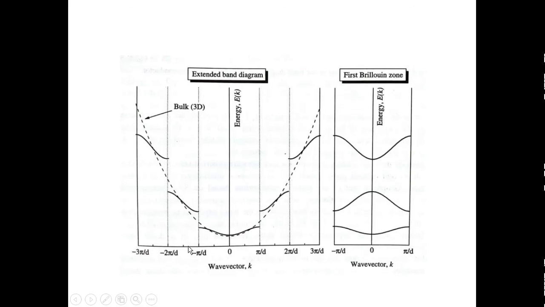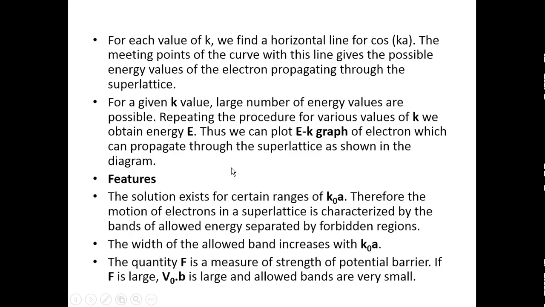Between minus pi by d and minus 2 pi by d, this is the allowed energy band. So there is a gap. Here also there is an allowed energy band, and then a gap. Likewise, the energy band is folded on these zones, and we will see now what these zones are called.